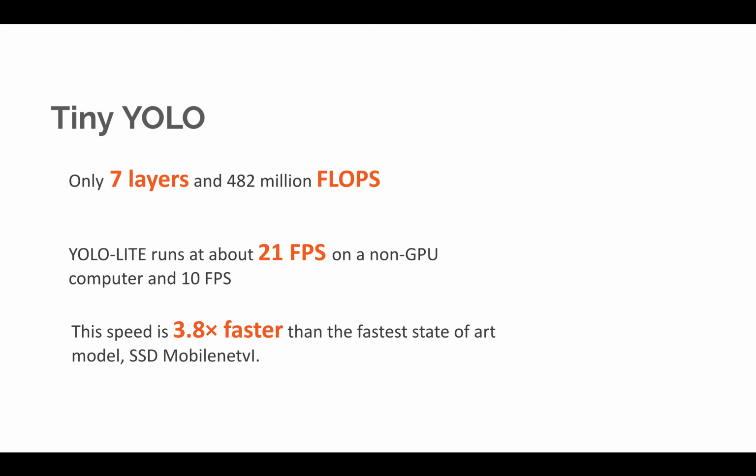That is the speed, which is state of the art already. It is also 3.8 times faster than the fastest state of the art model. You have heard about the SSD MobileNet model, and this is better than SSD MobileNet.